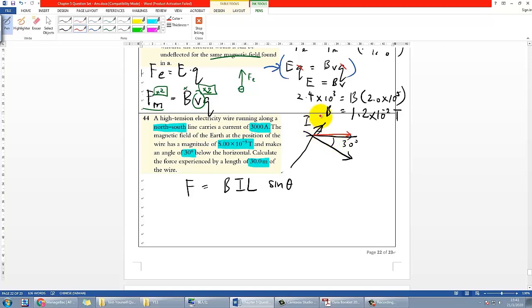Oh, actually no, not this picture. I drew the picture wrong.